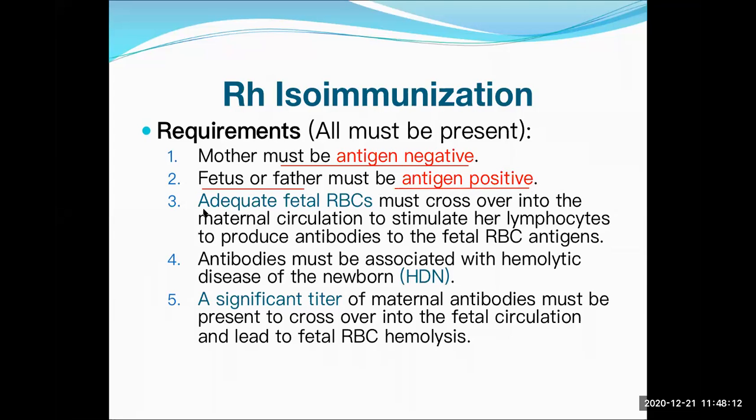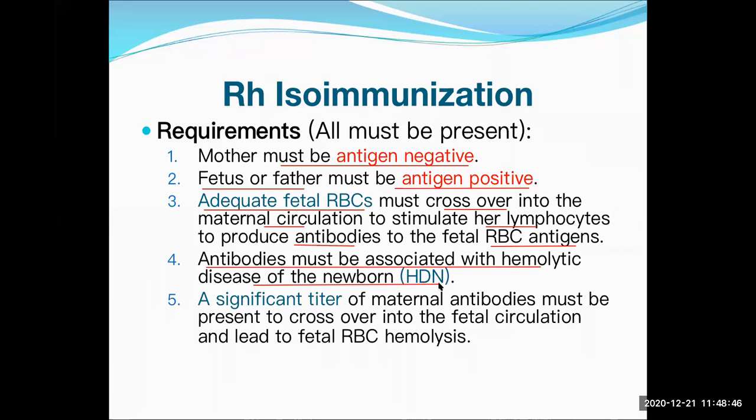Third, adequate fetal RBC must cross over into the maternal circulation to stimulate her lymphocytes to produce antibody to the fetal RBC antigen. Definitely, if a very small amount of RBCs entered, probably they cannot mount an increased level of antibody. Fourth point, antibodies must be associated with hemolytic disease of the newborn.